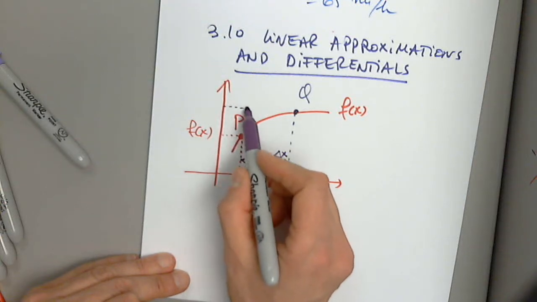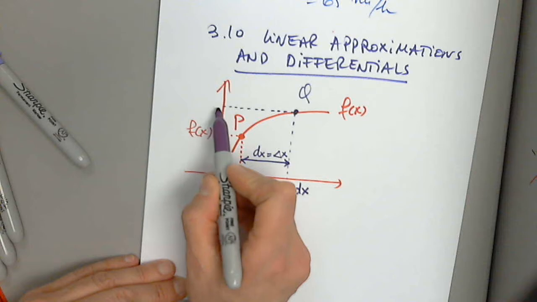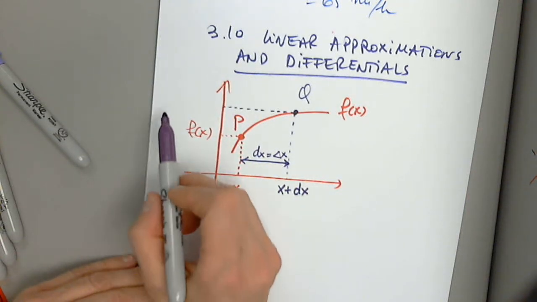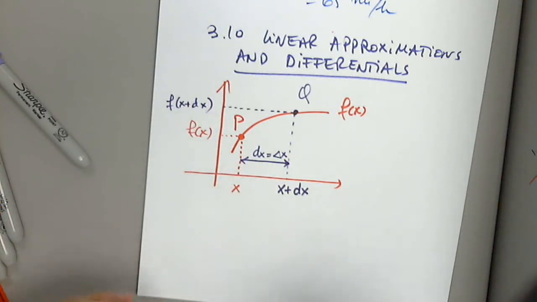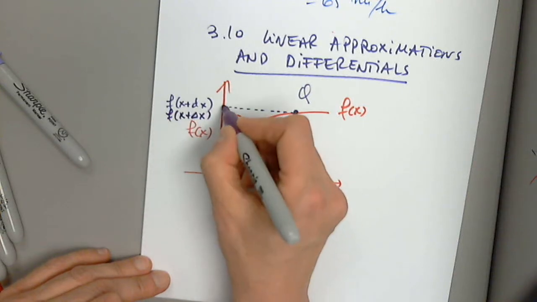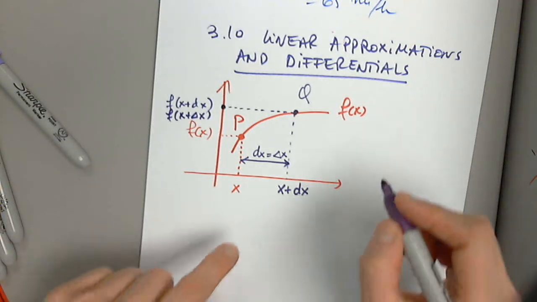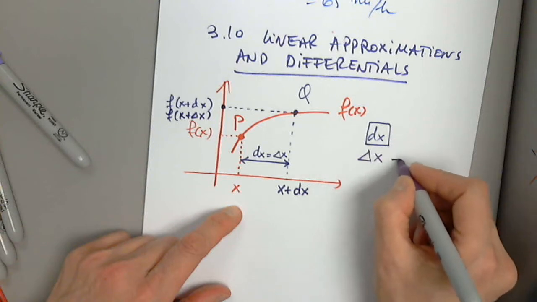Can anyone tell us what this is? f of x plus dx, or f of x plus delta x. It doesn't matter, it's the same thing. So the point right here is f of x plus dx or f of x plus delta x. So dx, delta x.